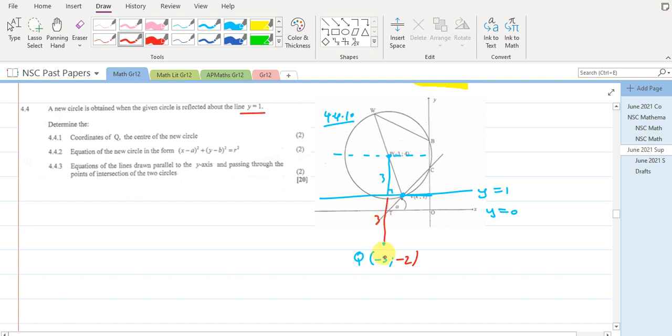And that distance is also 3 from y is equal to 1. If I take the distance from the x-axis, is this correct? Minus 3 and minus 2.